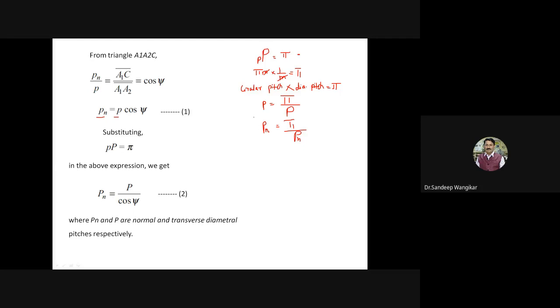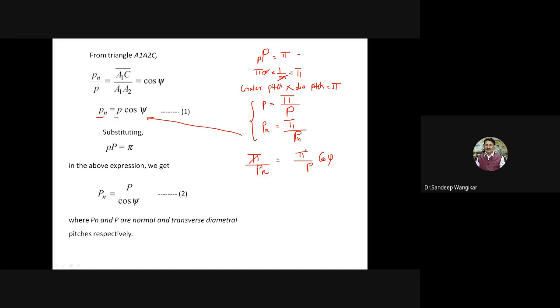So I will substitute these values in this equation. How will I write then? Pn is nothing but pi divided by capital Pn, and P is nothing but pi divided by capital P, converting circular into diametral, into cos of psi.